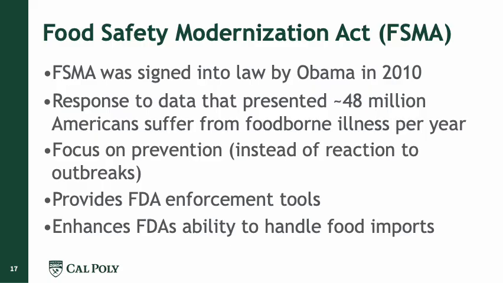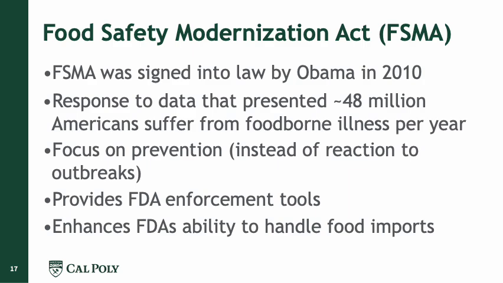Another type of food quality system is called the Food Safety Modernization Act, or FSMA, and this was signed into law by Obama in 2010, and it's mainly related with fresh produce. And this is a response to data that was presented in which 48 million Americans suffer from foodborne illnesses per year.